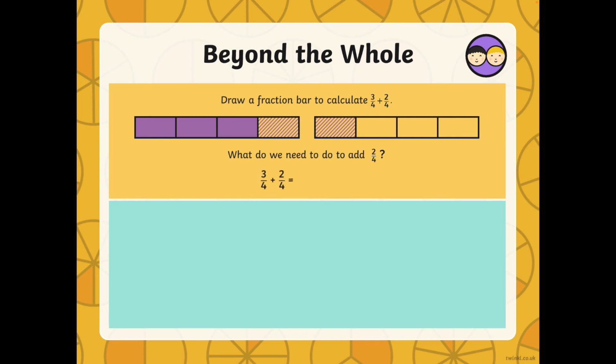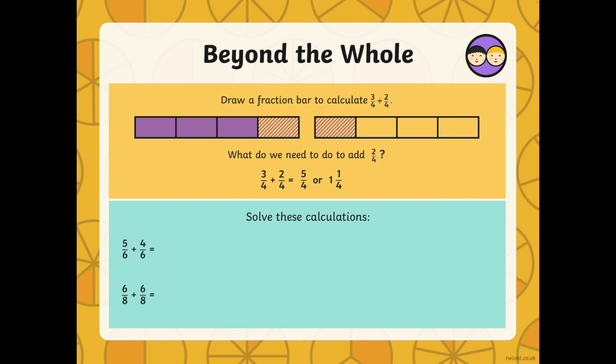Right, so can you spot what has happened now? So 3/4 add 2/4, it makes 5/4 or a whole 1 and a quarter. And you can see that clearly on the fraction bar.